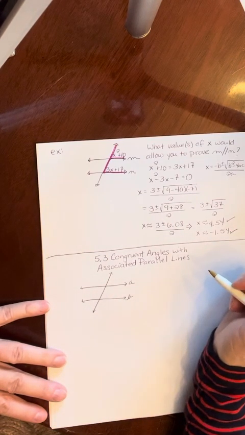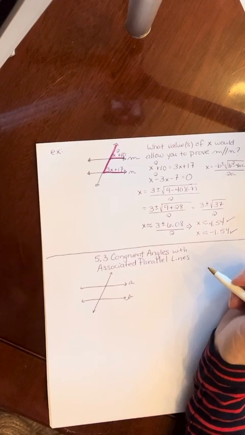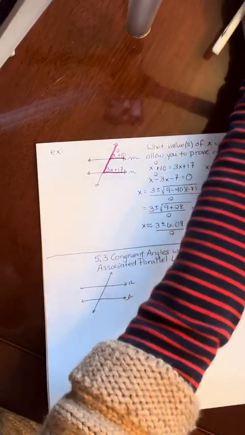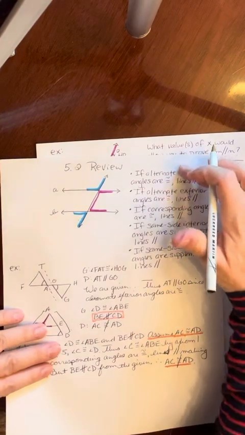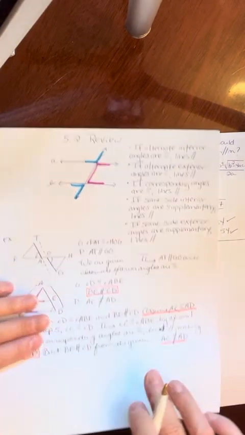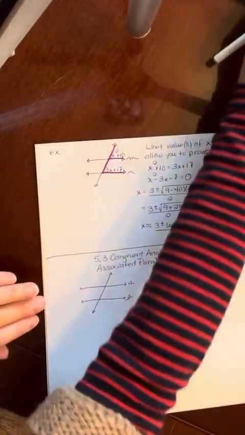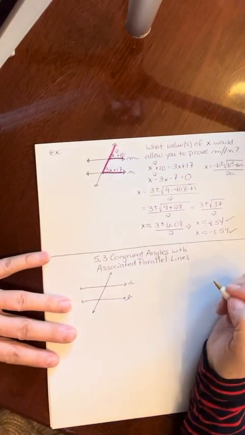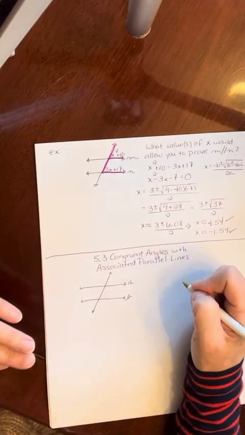And we're going to make 5 statements. They're going to be very similar in sounding to the 5 statements from the review. All 5 of them are going to start off the same.